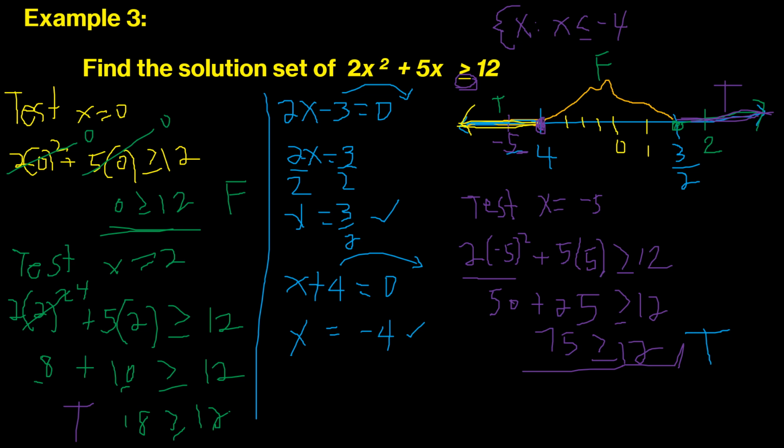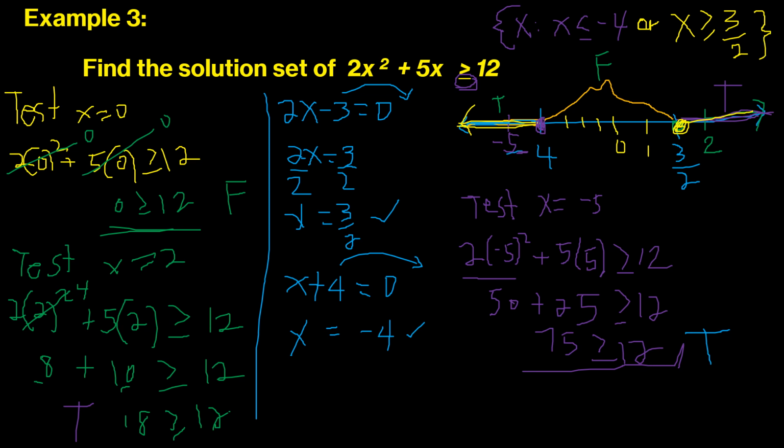And also, the numbers at the right of the upper boundary, including the upper boundary, which is 3 halves, can be described as x is greater than or equal to +3 halves.